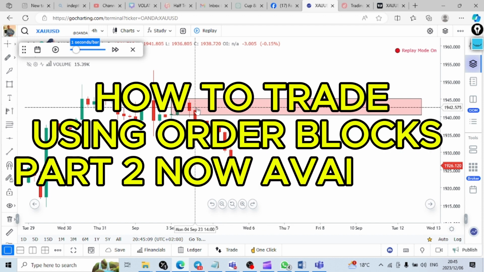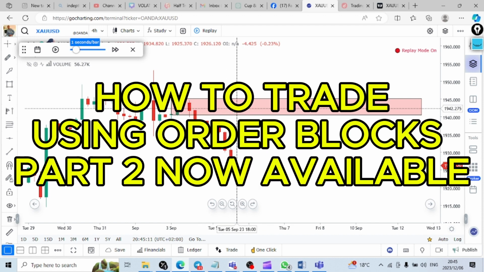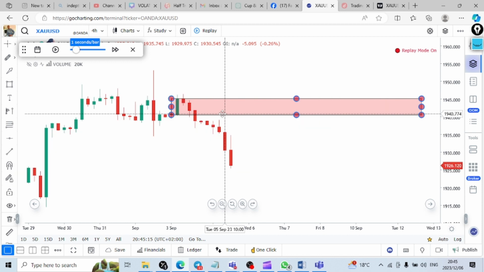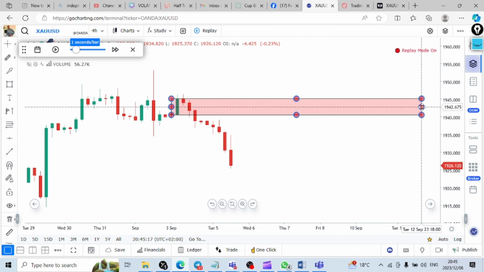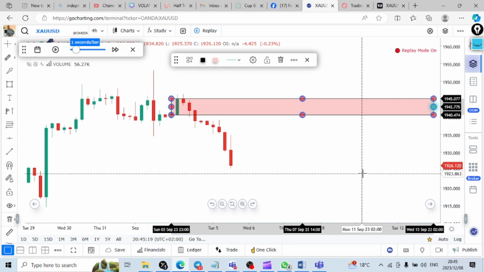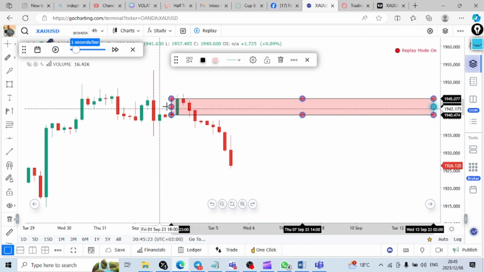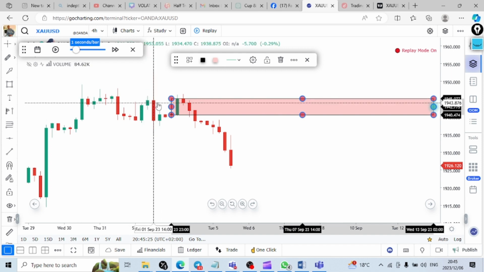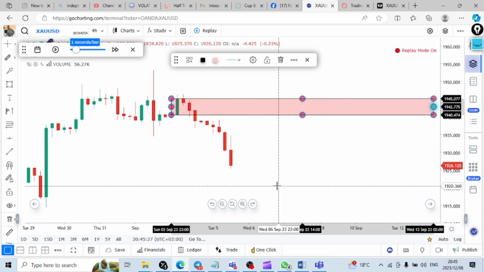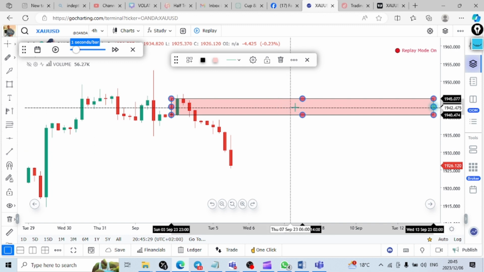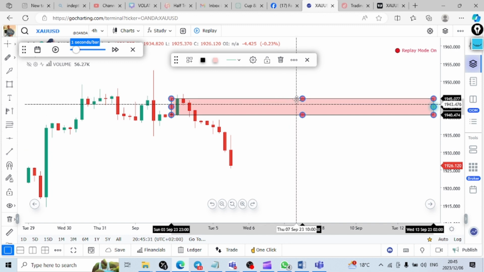Why? Because not all of their orders were fulfilled. This is the reason why in most cases price has to come back to the order block: we have unfulfilled orders that were not executed. So they'll manipulate the price to go down and come back here, and then they sell at high prices.